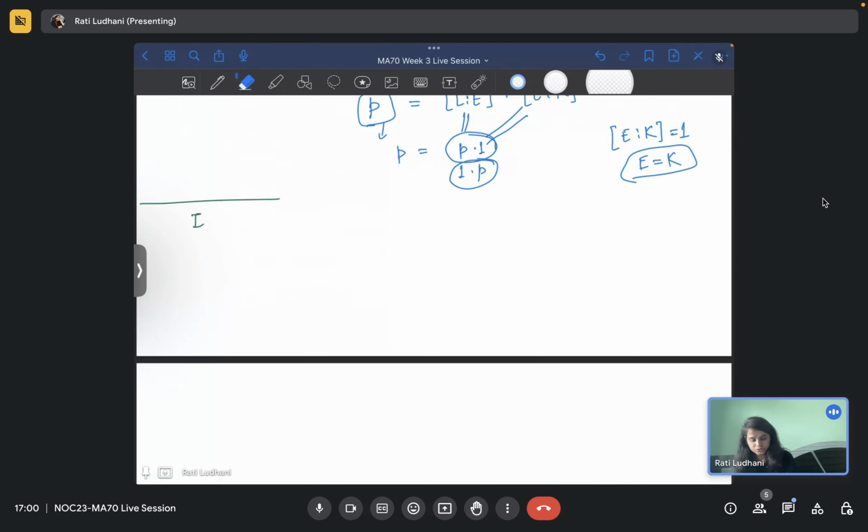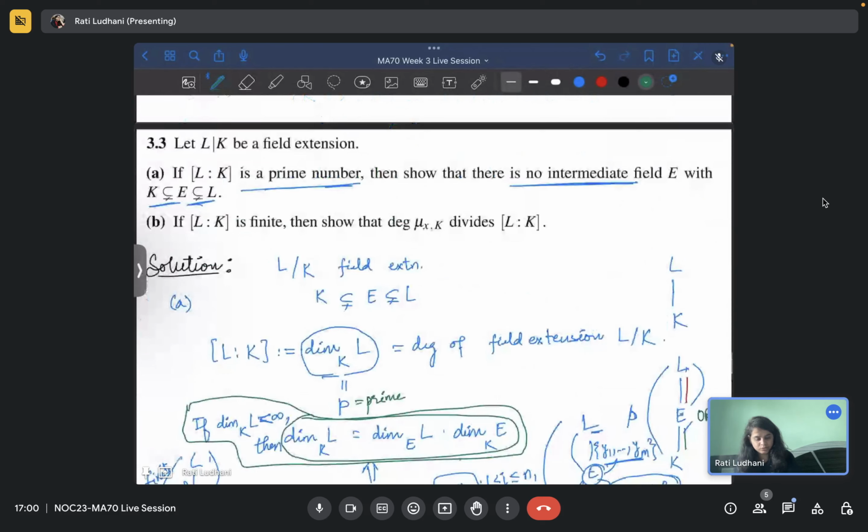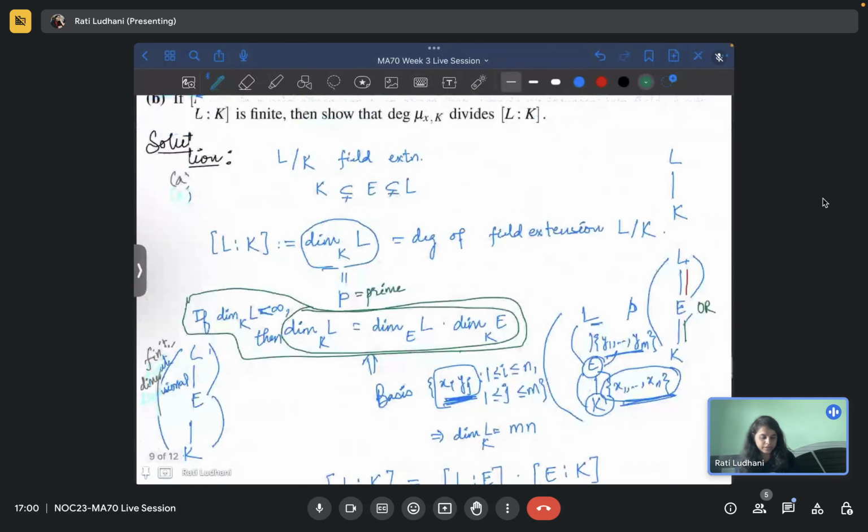So to show: if L over K is finite, then the degree of mu x over K, where x is some element of L, divides the dimension of L over K.